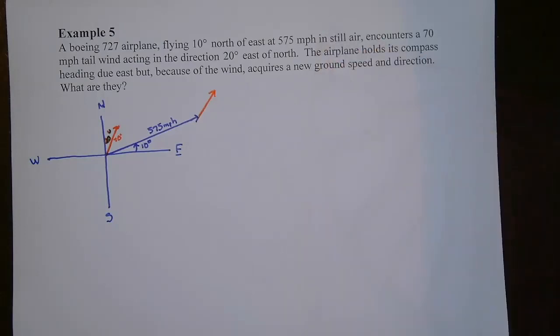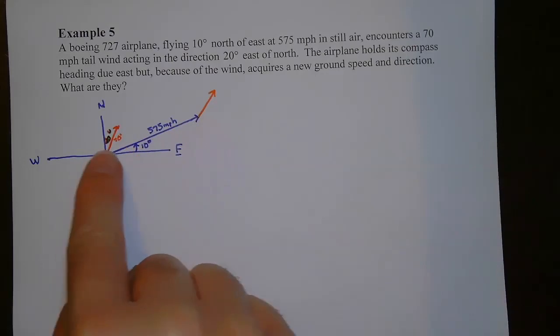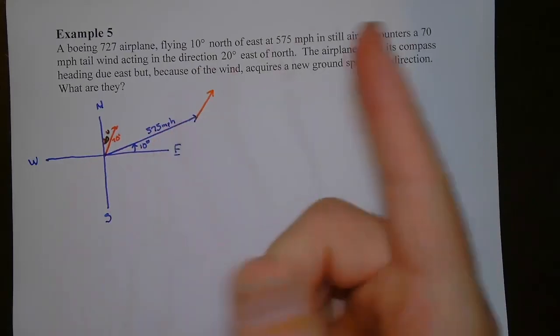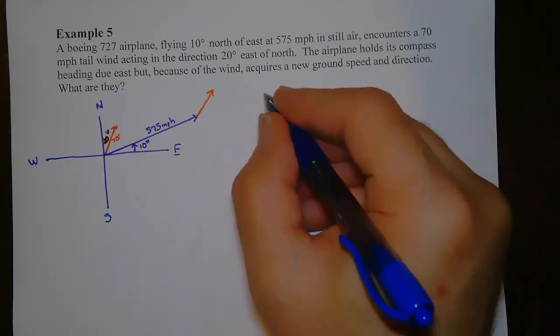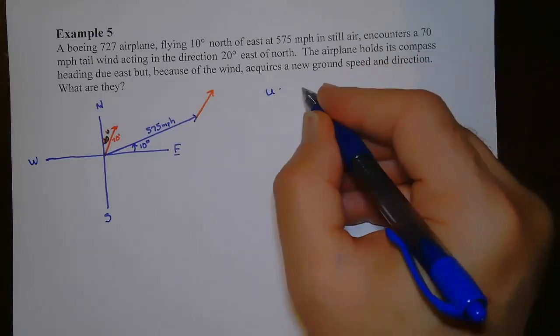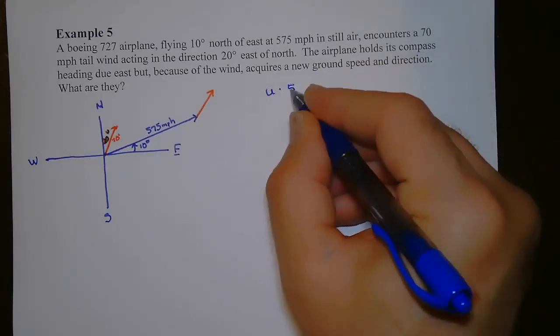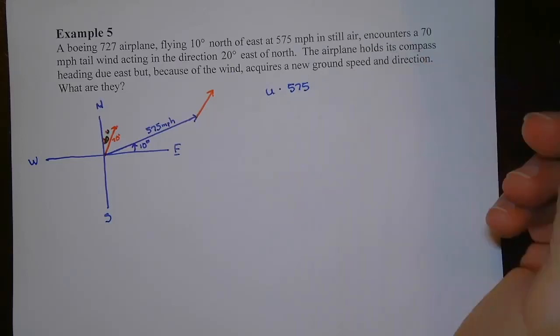These are the same vectors. So if the blue one's U, let's call that one U. U would be 575, that would be the magnitude, and it's 10 degrees.